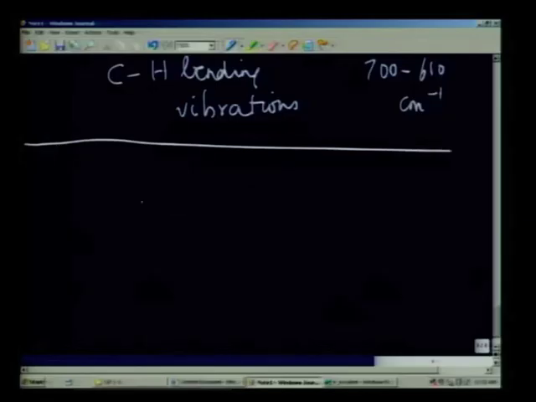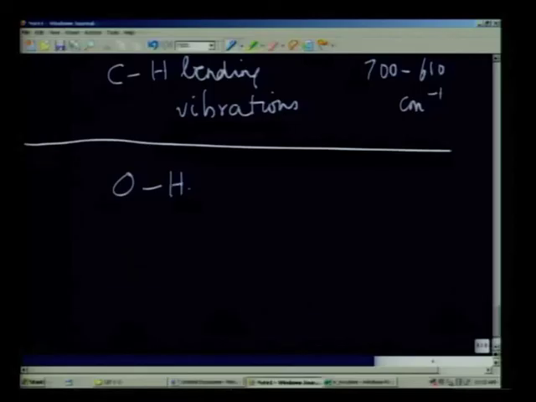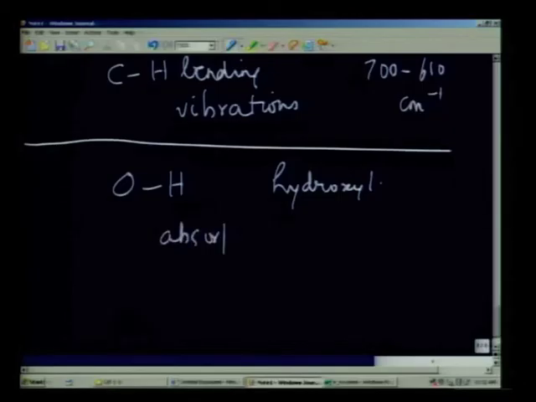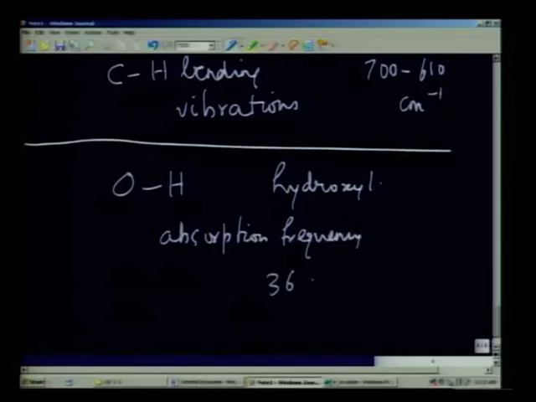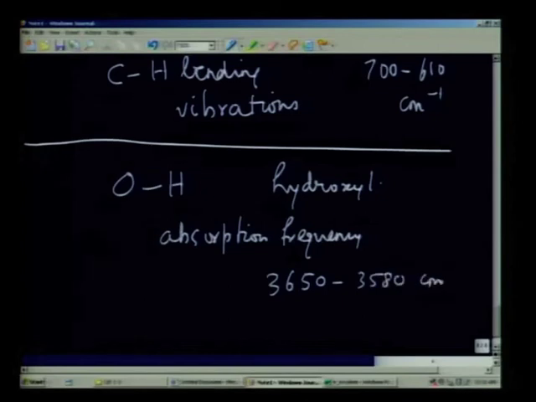When you look at the phenolic group or alcoholic group, OH or hydroxyl, the absorption frequency is between 3650 and 3580 centimeter inverse.